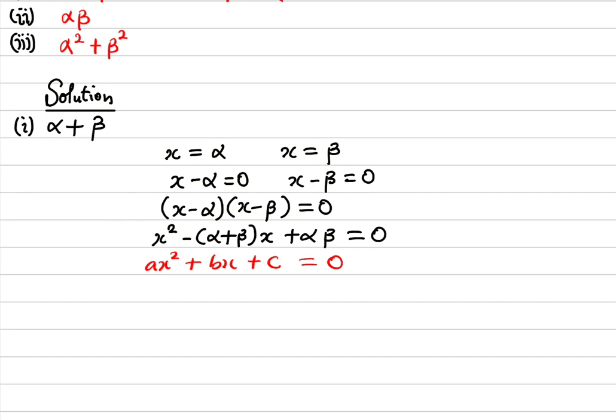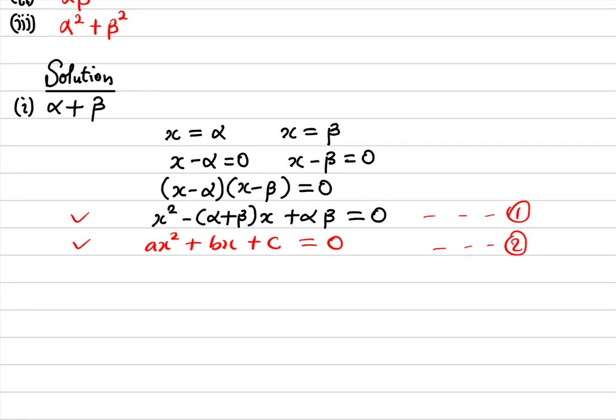Now, these two equations look alike, but the issue is that the first equation has a coefficient of x squared being 1, while this one has a coefficient of x squared being a. So I need to make the two equations look alike, that is equation 1 and equation 2.